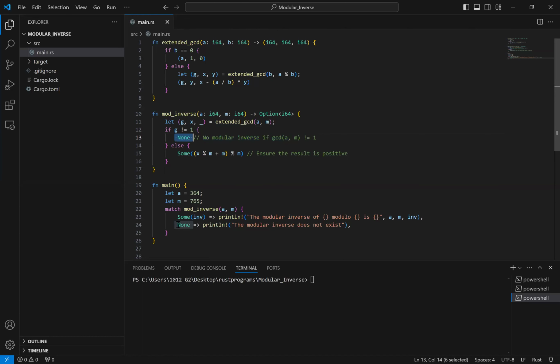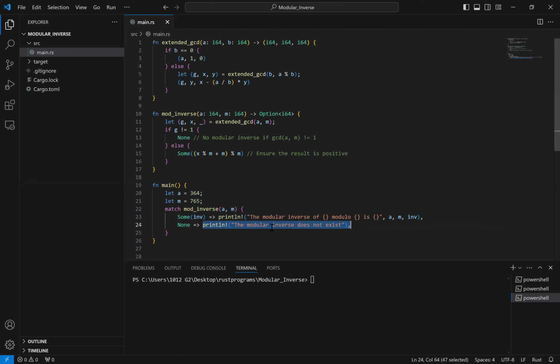That means this will be printing: the modular inverse does not exist.